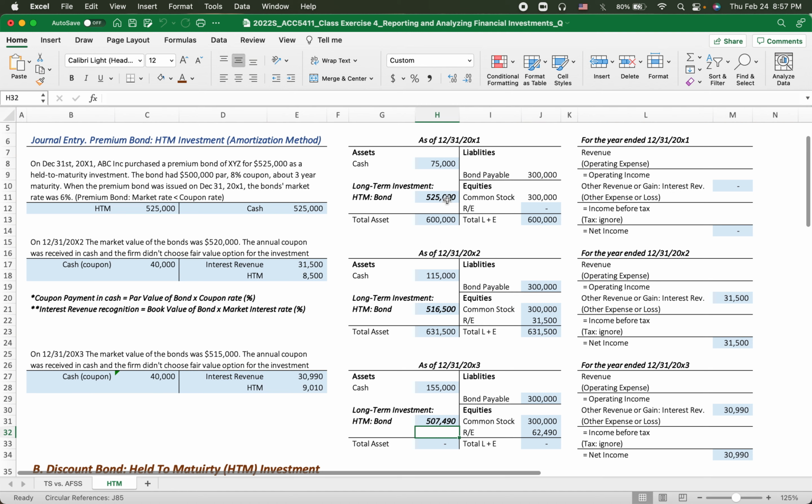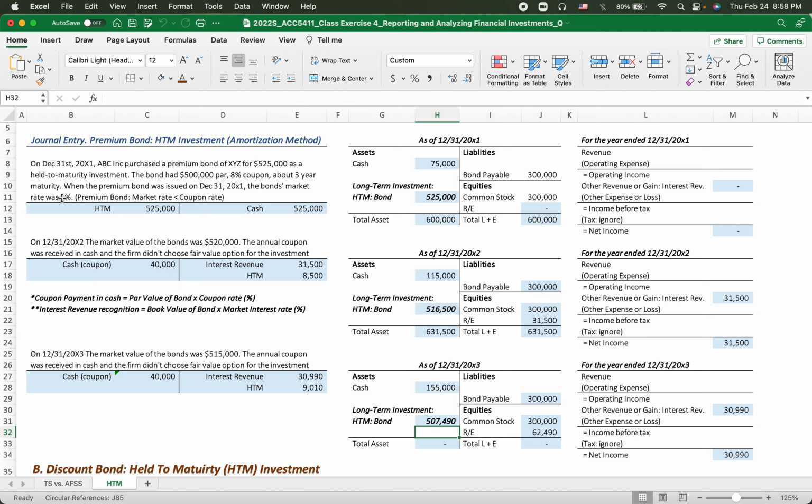Okay, you guys understand? This is amortized cost. We started from a $525,000 original cost investment, but it has been diminished by the difference between the coupon and actual interest revenue. Again, why was the original cost of the held to maturity investment in the premium bond reduced? Because the actual cash received is greater than the interest revenue based on the market rate.